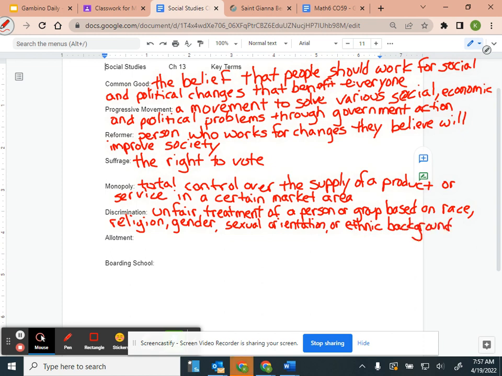So discrimination is treating somebody differently, treating somebody poorly, not just differently, but treating them poorly because of one of these characteristics.